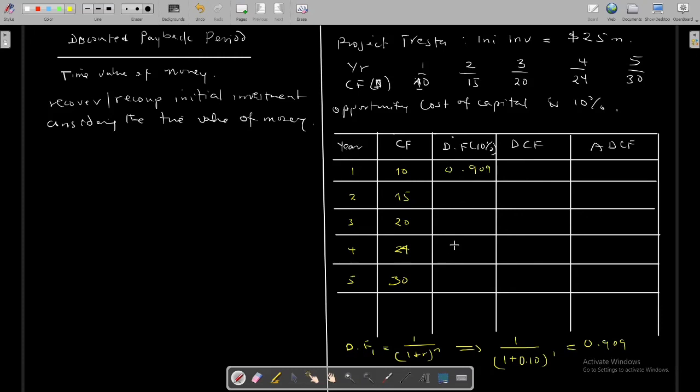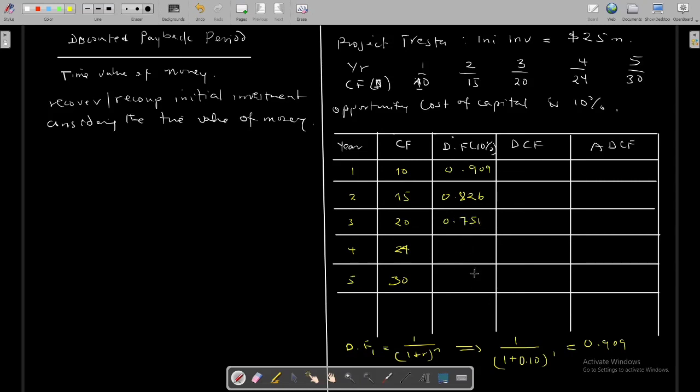Year 2 will give us 0.826. Year 3 will give us 0.751.